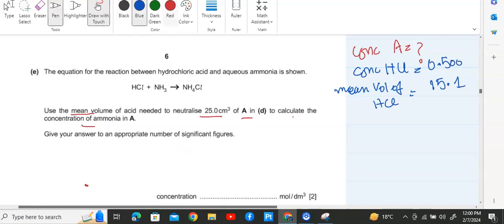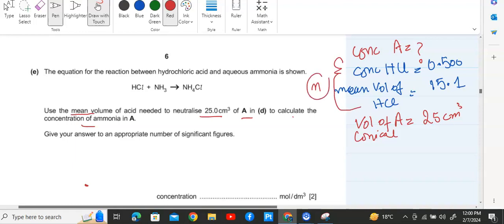And you are also provided with the volume of A, which you have taken in a conical flask at the time of titration through the pipette, that is 25 centimeter cube. So once you are clear about these things, you would be able to calculate. From these three things, we would be able to calculate the number of moles of HCl.